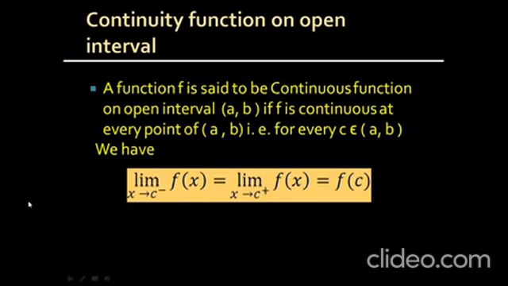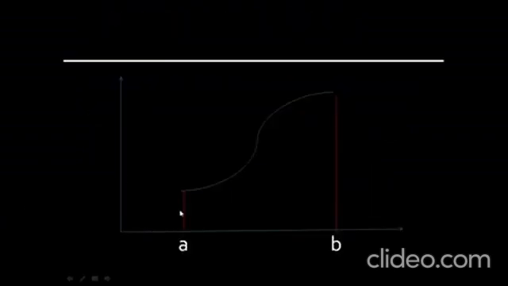We have already applied the same thing in the questions, as you have seen in the previous slides. Now look at this in the graph. If I am talking about the open interval, in between A and B, the function shows continuity, and the graph is made without lifting the pen. So we can say it is a continuous graph on the open interval, because open interval means except the points A and B, we can consider any other point in between A and B. For any such point it shows continuity, because it is drawn without lifting the pen.